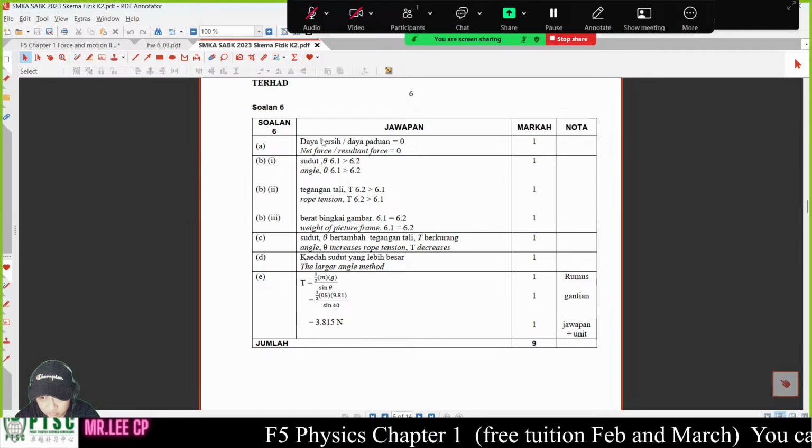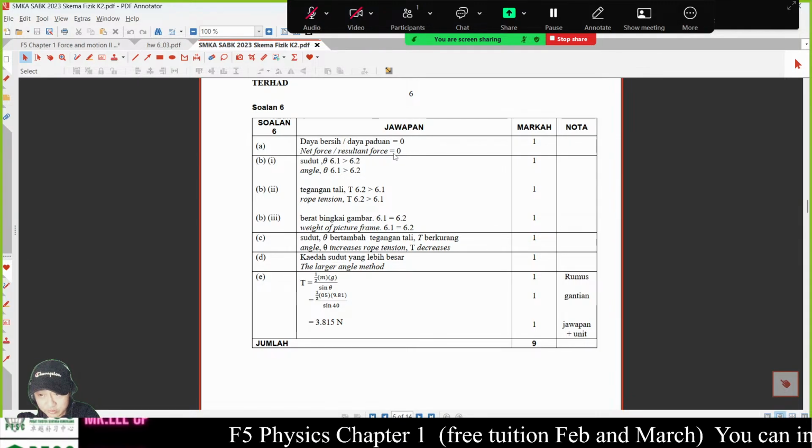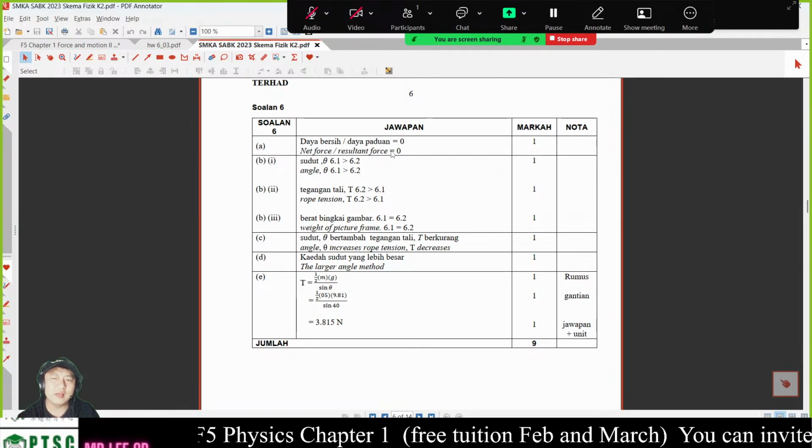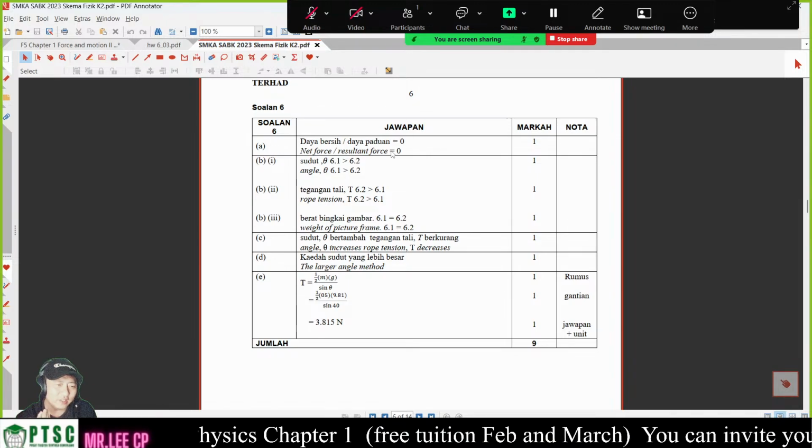Net force or resultant force is up to you. Sometimes I am used to writing net force. So net force is the correct one.